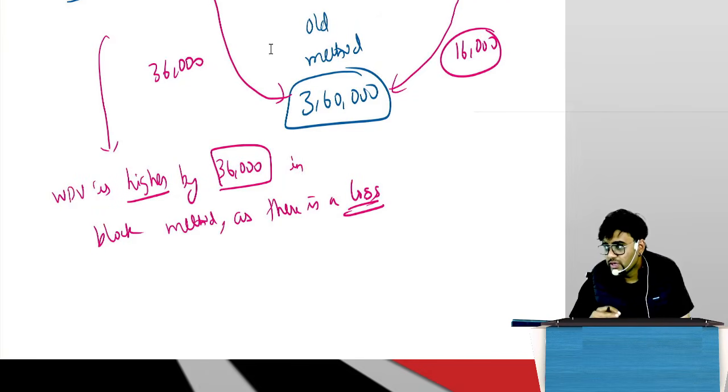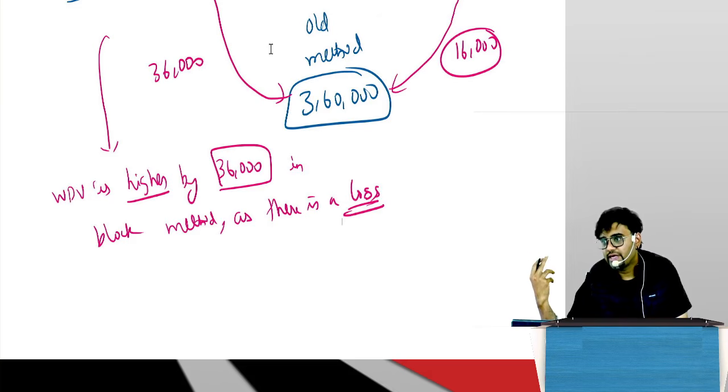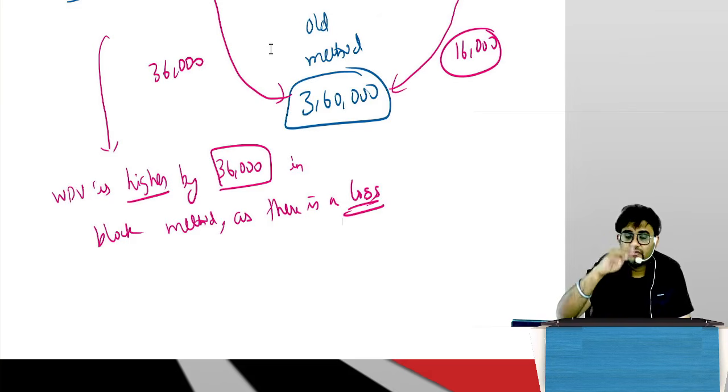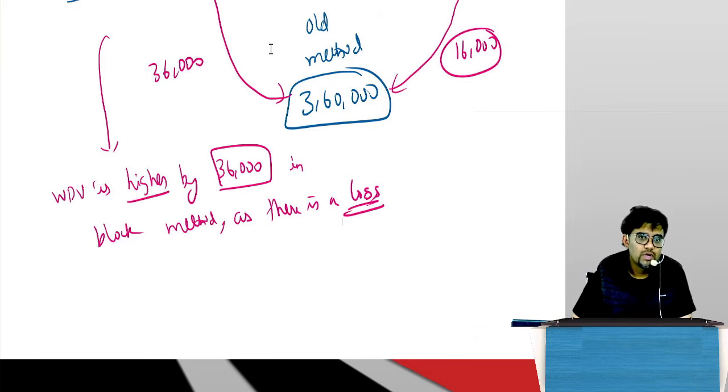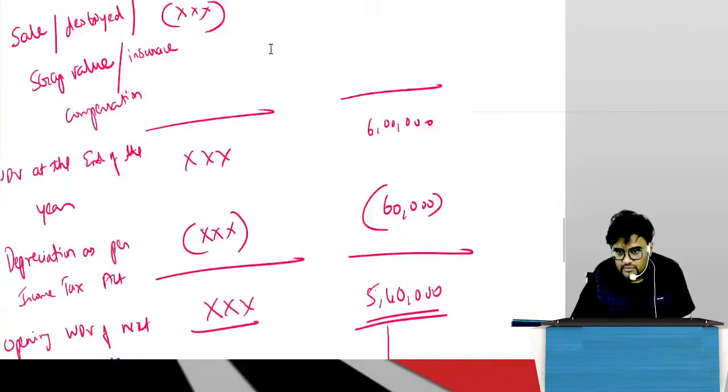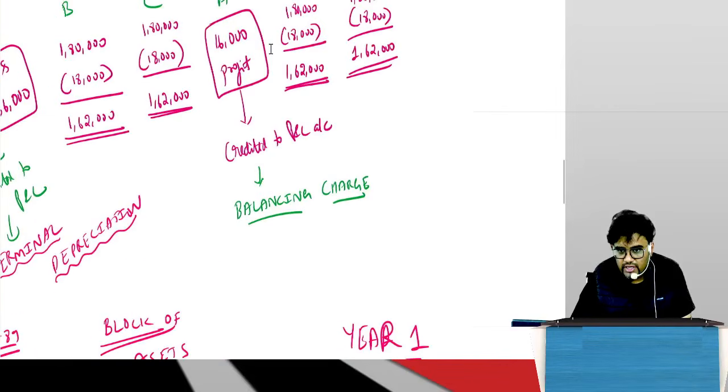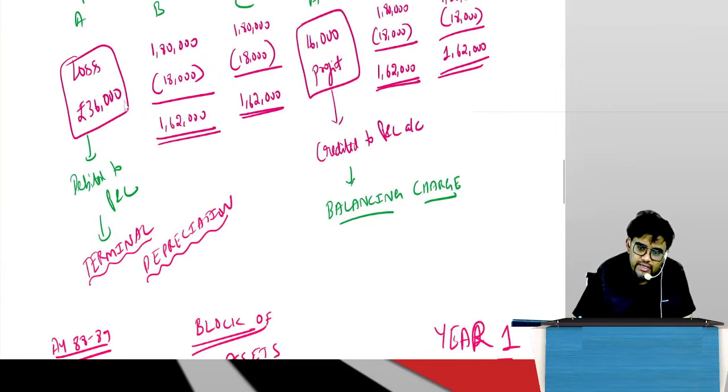If I want to remove it at cost, I would have removed 1,80,000. But I am removing less. When I am removing less, whatever is remaining is more. So as there is a loss, my dear friends, in the old method, in that year only, what did I do? I debited the P&L account by 36,000.